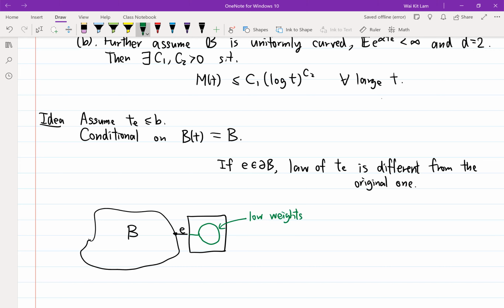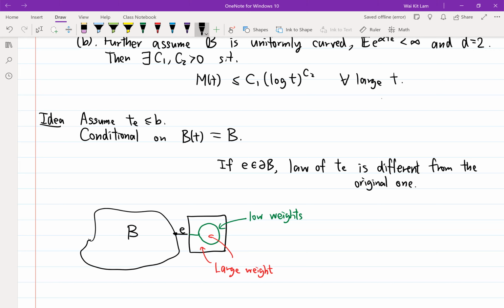All the edges on this green path here are of low weights. And if you assume that all the things outside of this green region are of large weights, then you can imagine that, first, this B here is BT, and then you take an edge, E here, and then you enter this region. Because all these green edges here are of low weights, they will be inflated first. And then after some time, you will be able to create a hole with a suitable size. So this is the idea.